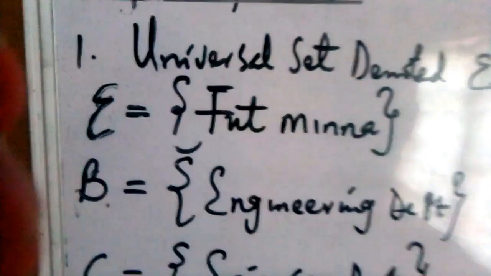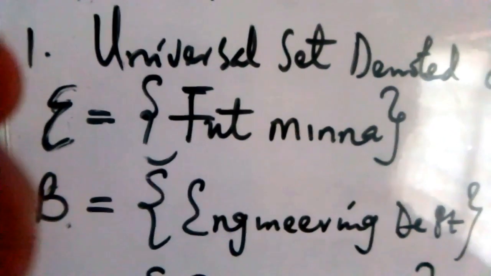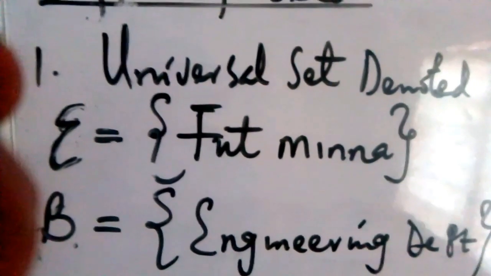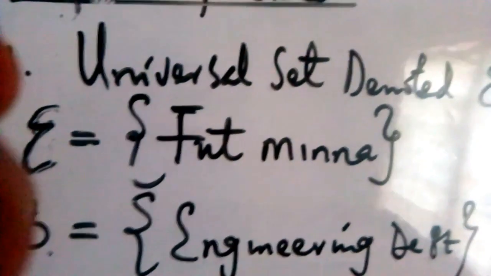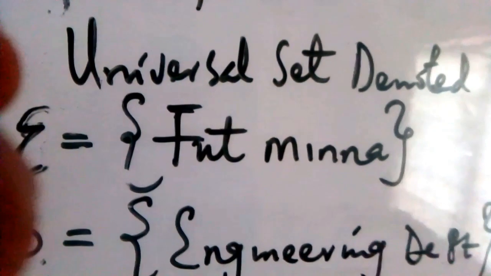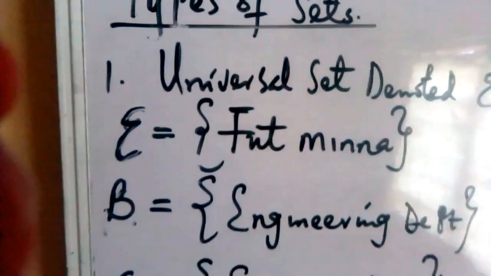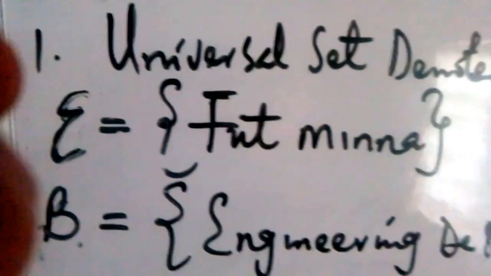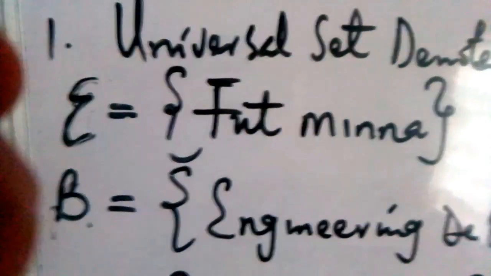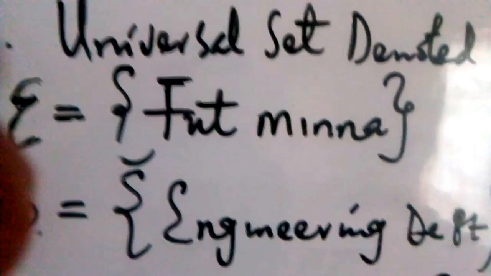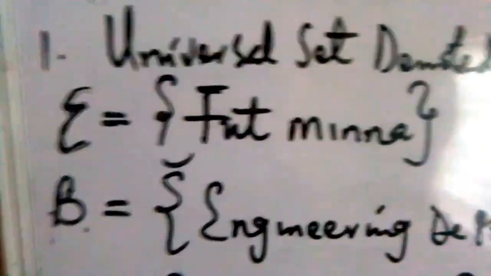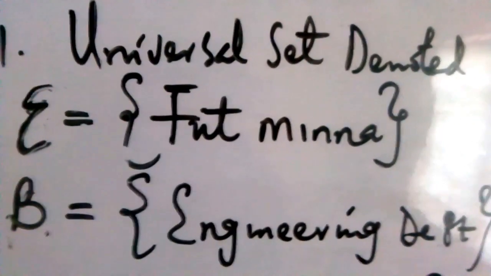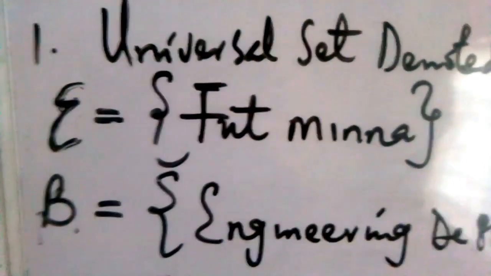The universal set is the set of every student in FUT Minna, Federal University of Technology Minna, where I'm privileged to graduate from. Now, in the university, every student is a member of the universal set.